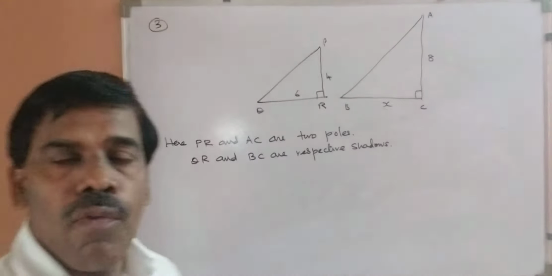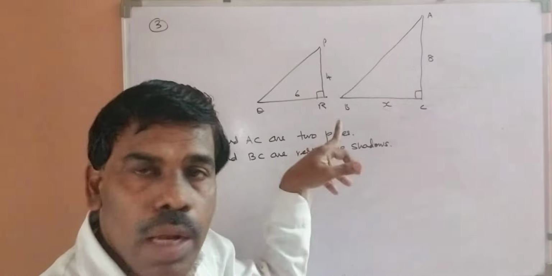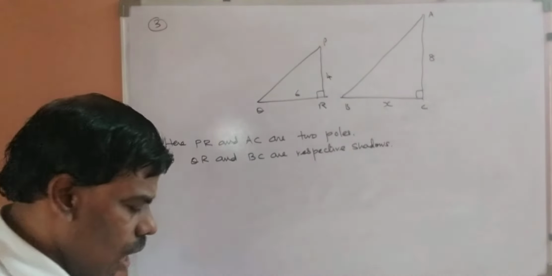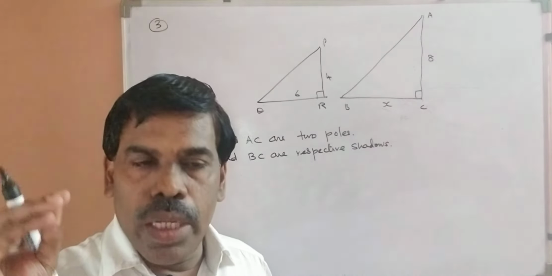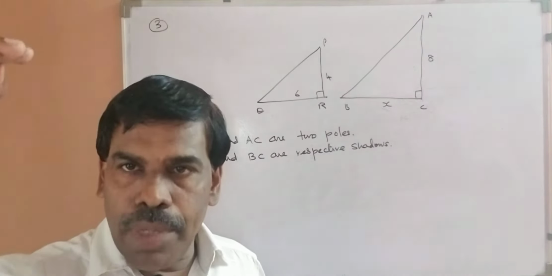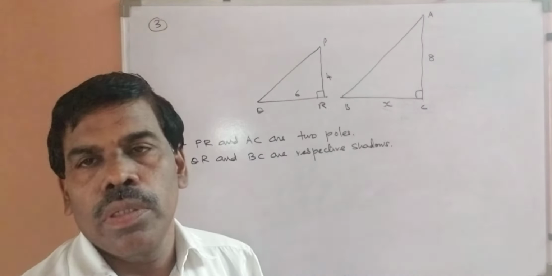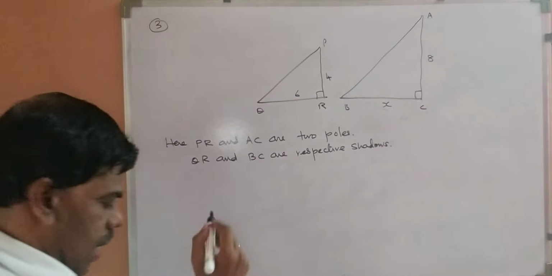Now we know the length of the shadow cast by the smaller pole, that is 6. Now listen very carefully. You know the result that at the same time, shadows are cast in the same proportion.